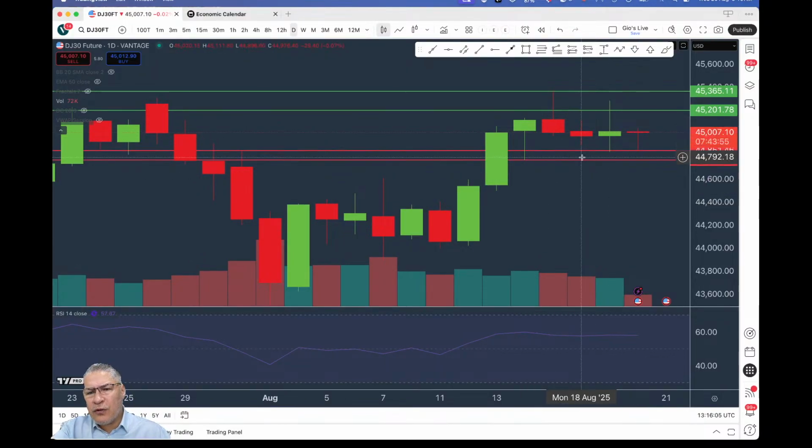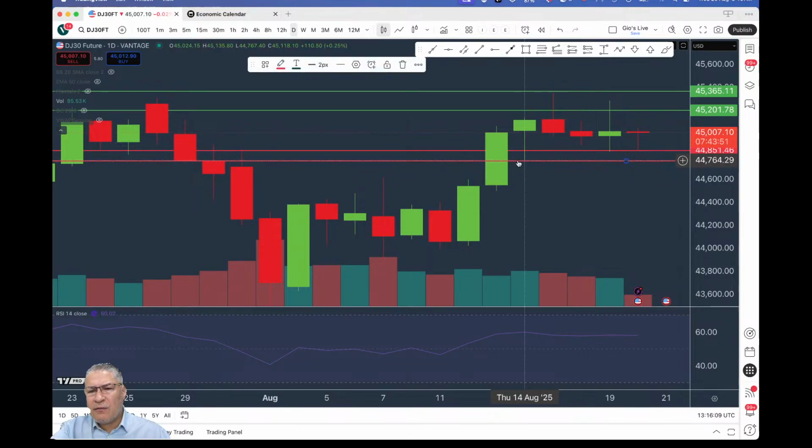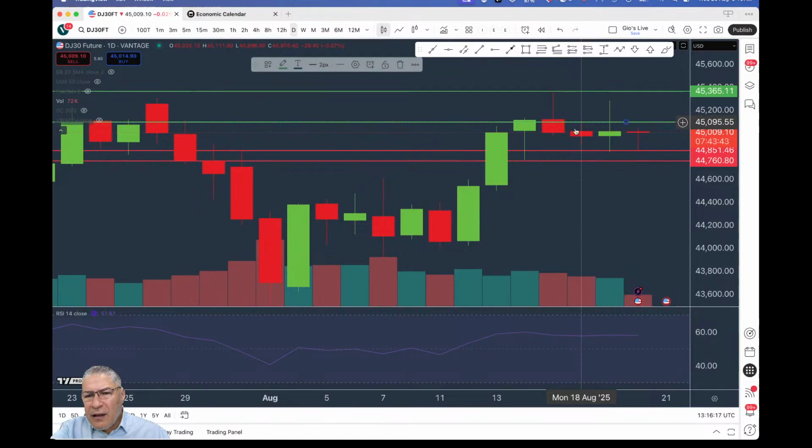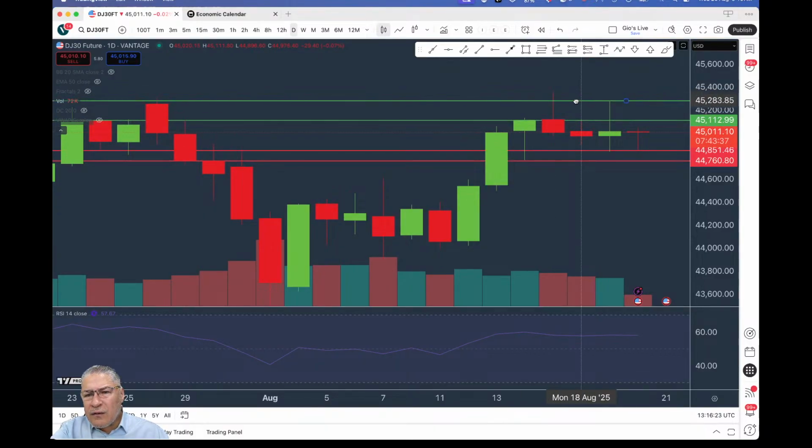So swing lows, using that, again, that's the previous swing low. As far as resistance in this case, I'm going to look for a previous swing high, and I'm going to use basically this level and yesterday's parabolic movement to the upside on the Dow.